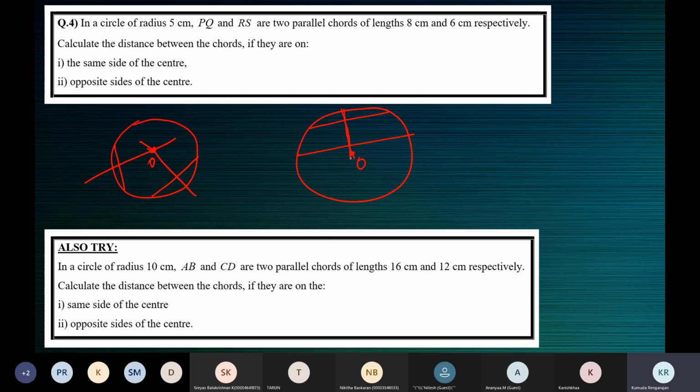They'll pass through the center because the perpendicular bisectors will pass through the center. So that means the perpendicular bisector of this one and the perpendicular bisector of this one is the same line.